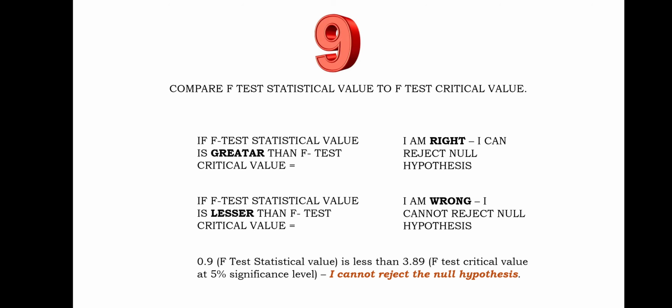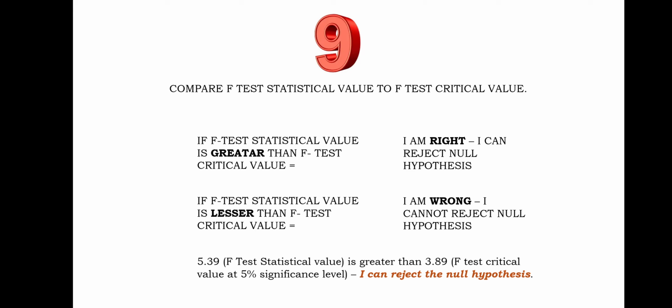In our case, our F-test statistical value is 5.39, and it is greater than the critical value, which is 3.89 as per our F distribution table. It means we can finally say that I can reject the null hypothesis, and I can easily say that I am right.